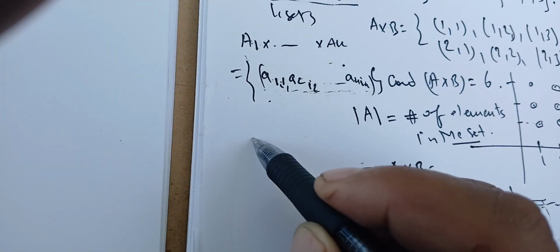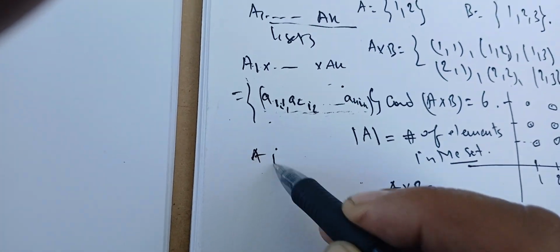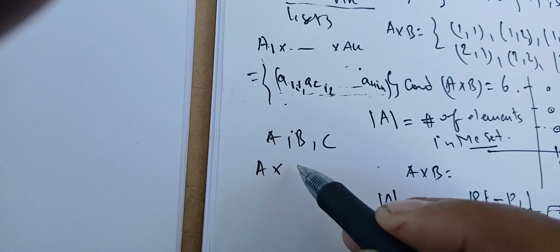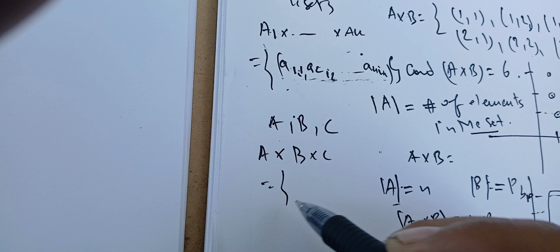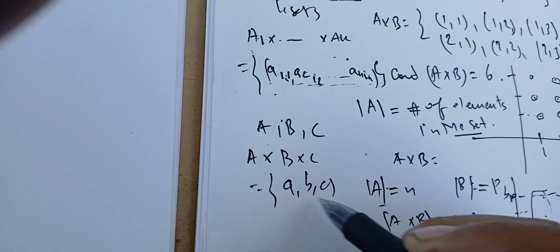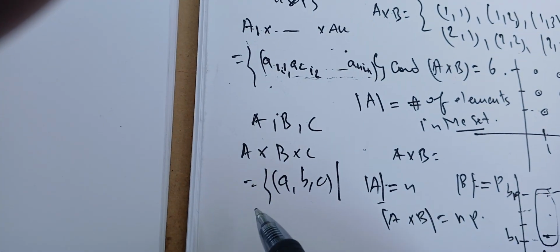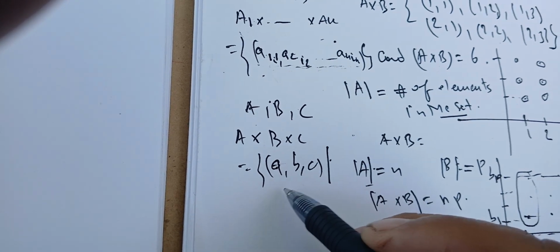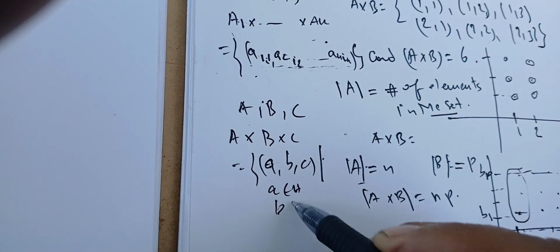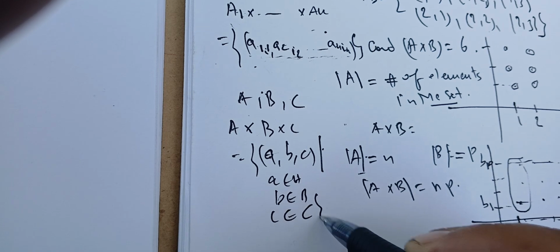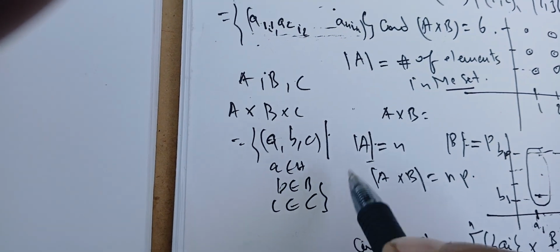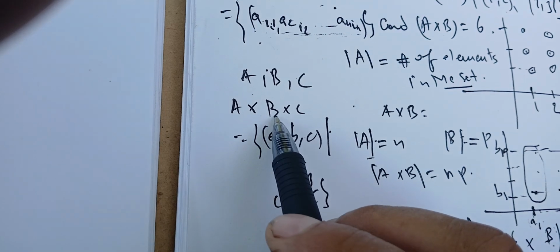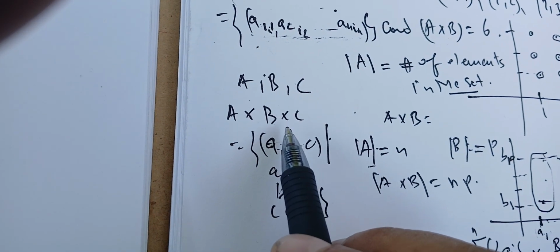For instance, if we have the sets A, B, C, the Cartesian product in this case is just the set of ordered triples (a, b, c), where a is in A, b is in B, and c is in C. They are ordered elements where each one belongs to the set it's coming from.